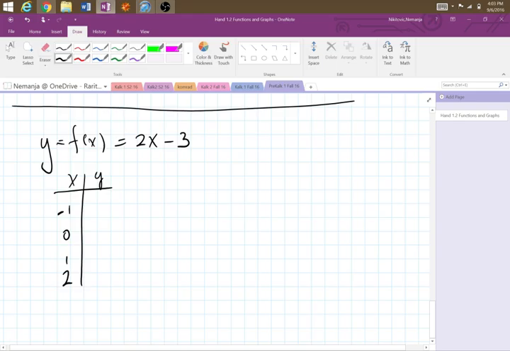So let's go. -1 times 2 is -2, minus 3 is -5. Awesome. How about 0? 2 times 0 is 0, minus 3 is -3. Okay. How about 2 times 1, minus 3? That's -1. 2 times 2 is 4, minus 3. There we go. So we computed all of these.